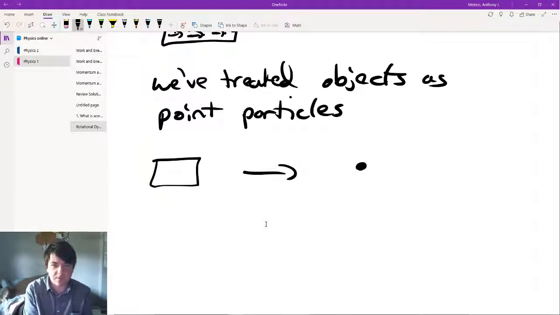So because everything's a particle, everything's moving at the same rate.